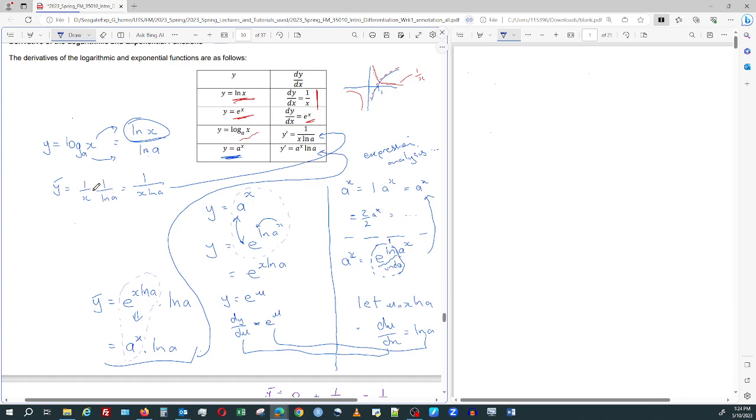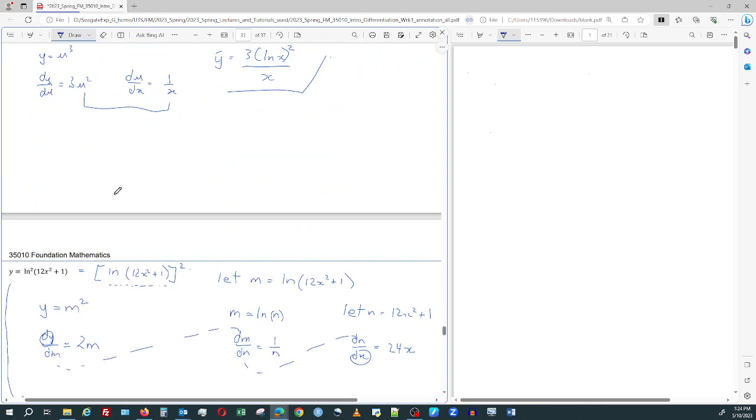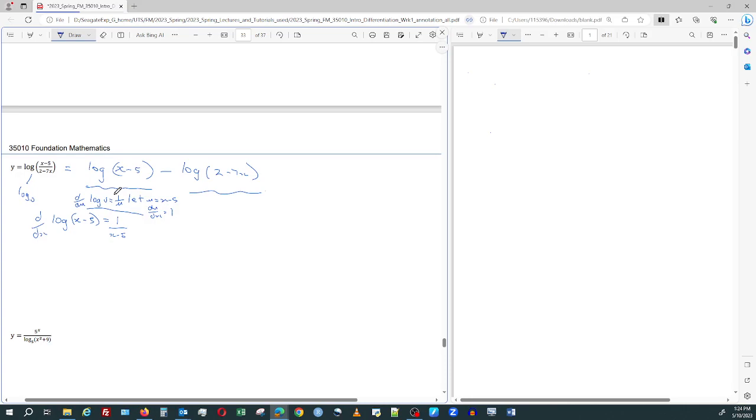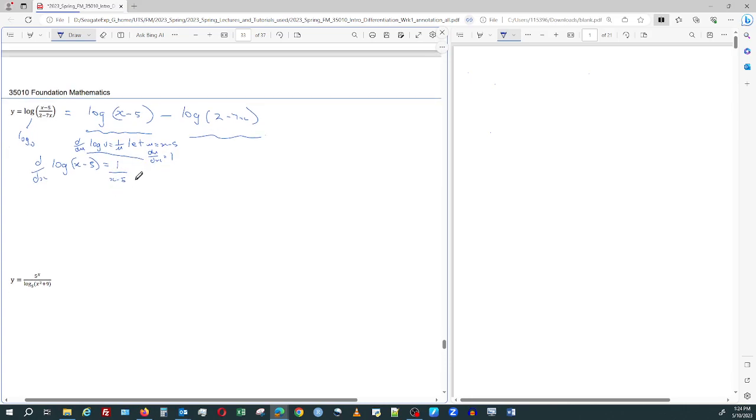So this is the change of base formula. Even with a 10, we needed to put the ln of a, so the ln of 10. We're going to put the ln of 10 in next to it on the denominator, so that was the bit that went underneath, all under the base.